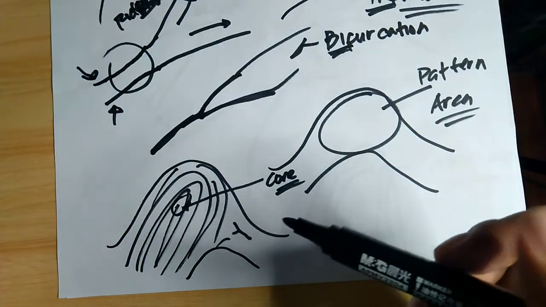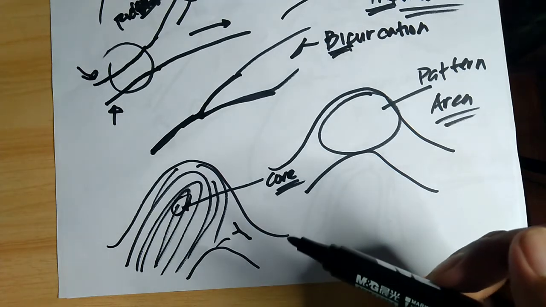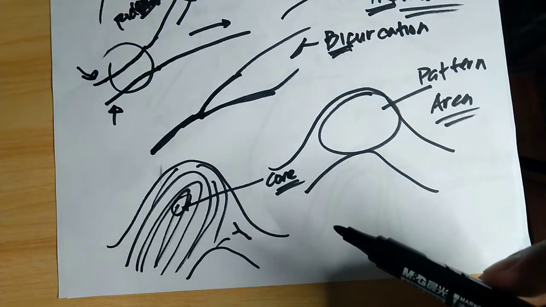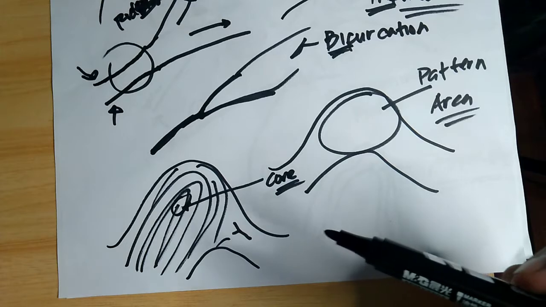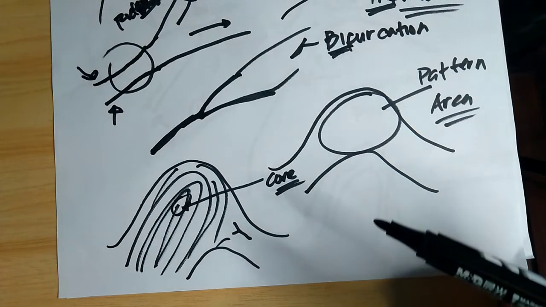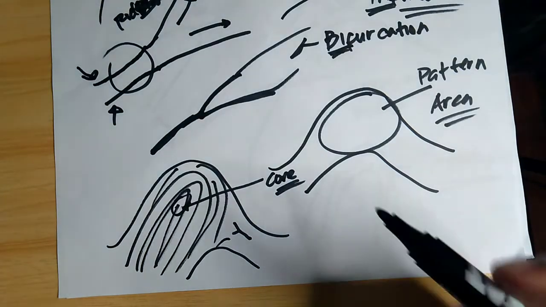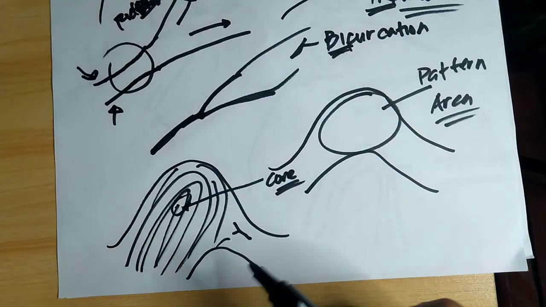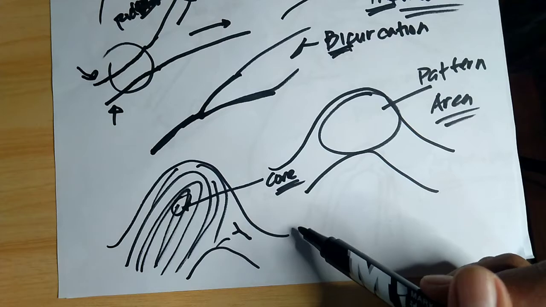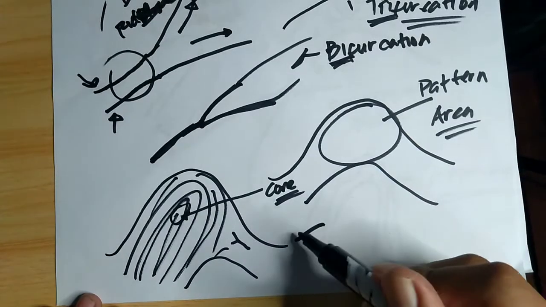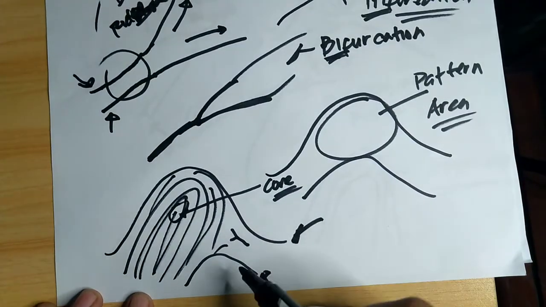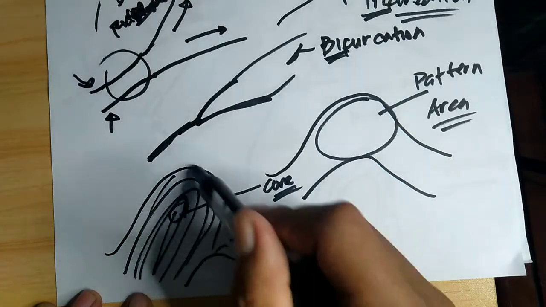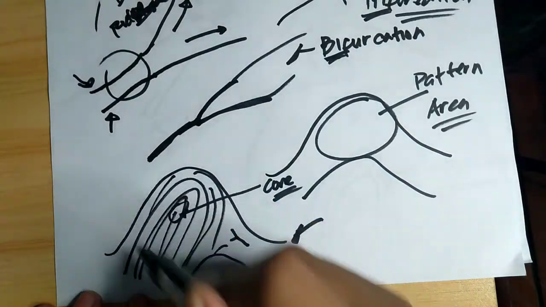The delta naman is the point on the ridge formation at or directly in front or near the center of the divergence of the type line. So, again, yung type line natin guys, asan yung type line natin for this specific pattern? So, the type line is etong dalawang ito. This is the type line. Okay, kasi they enclose the pattern area or the fingerprint pattern.